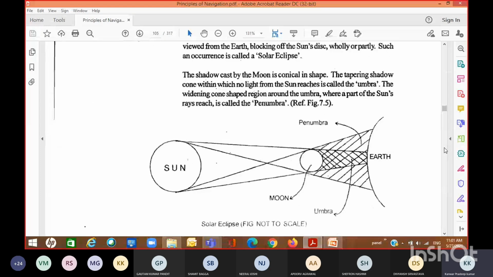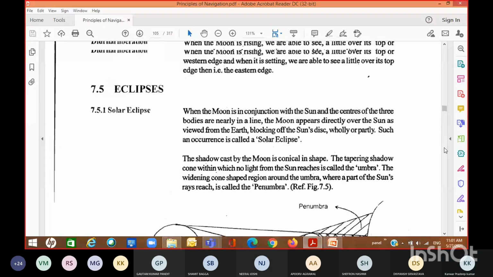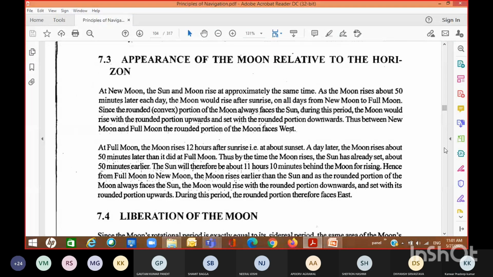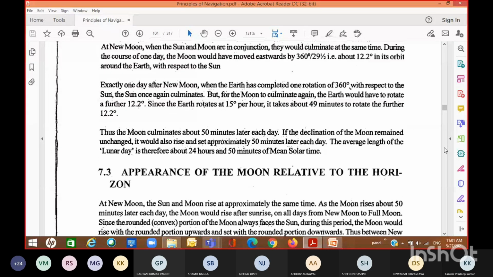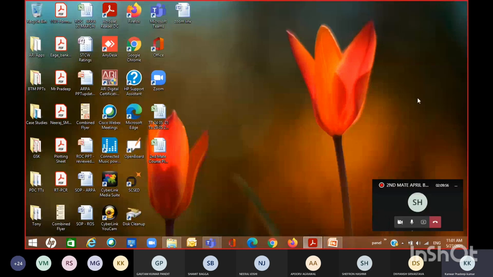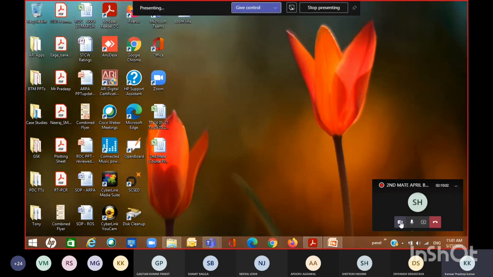In some other book there is a diagram. Try to figure out if you can toggle between my camera and the screen. It will make everyone's life easier.